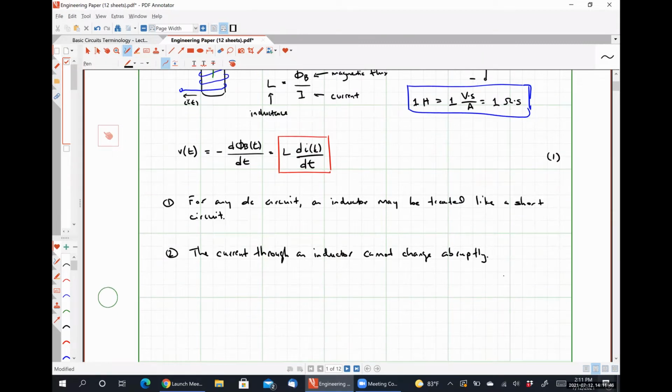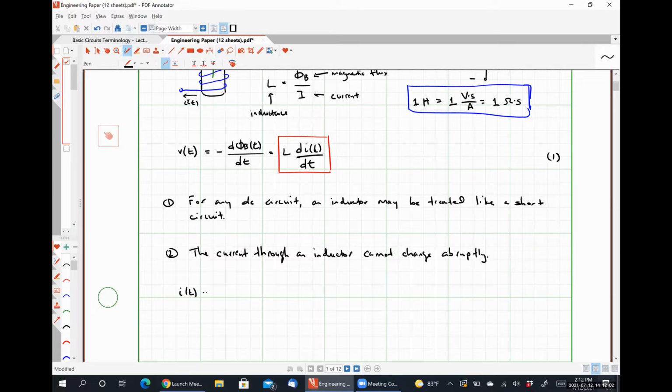All right, so if we take equation 1 and we rearrange it slightly and integrate, we can develop a different relationship.